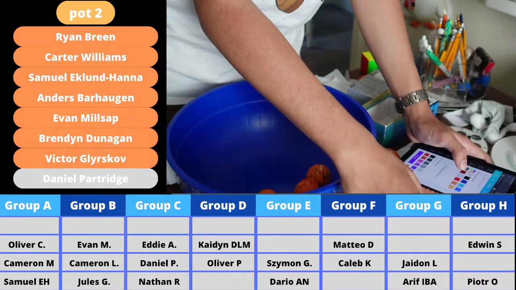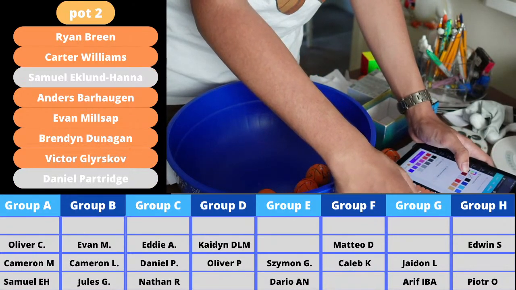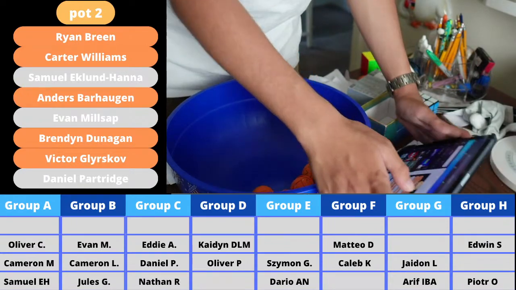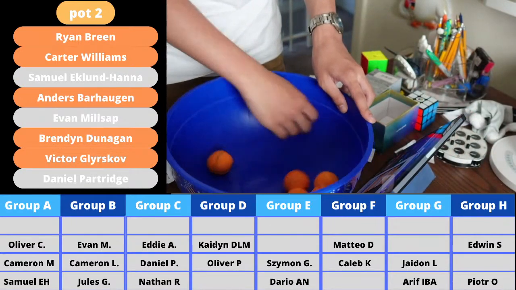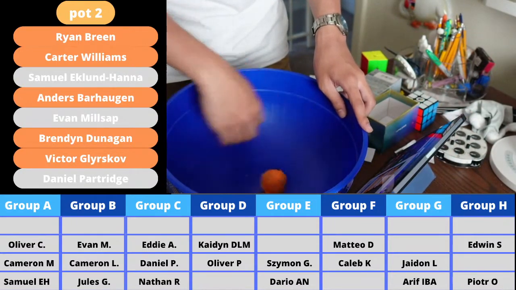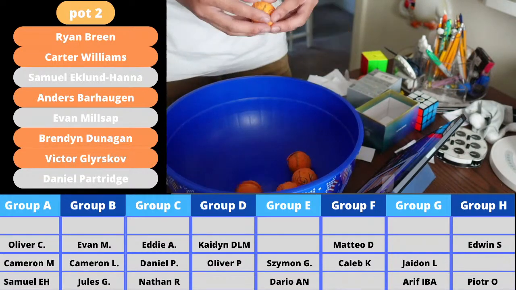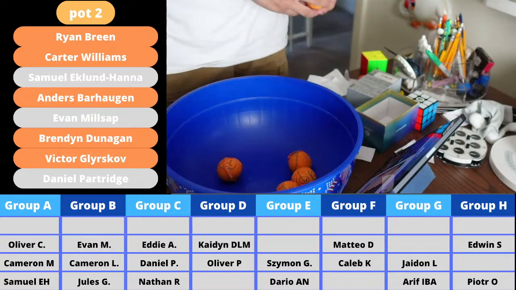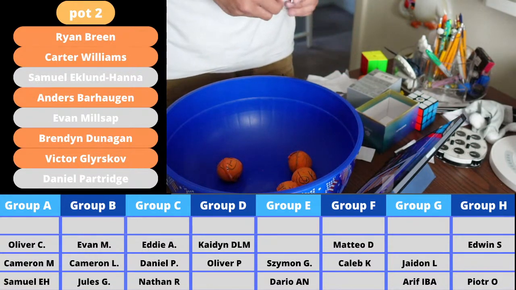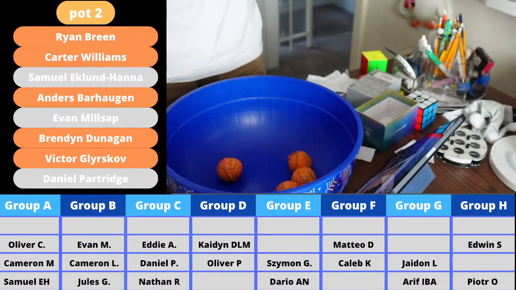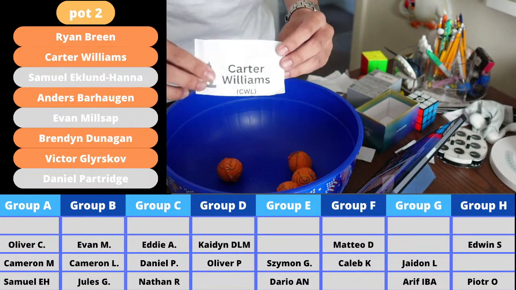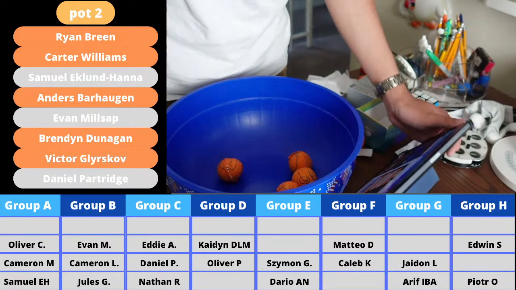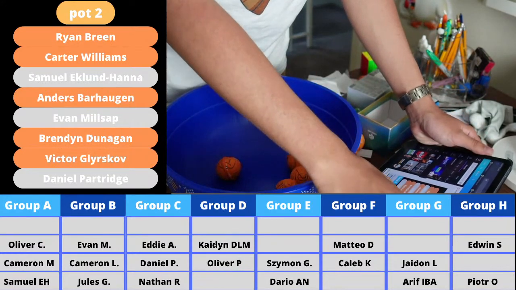Alright, let me just clear off the ones I drew. Alright, now let's move on to Group D. In Group D, we have Carter Williams. Carter Williams will be going into Group D, into position D4.